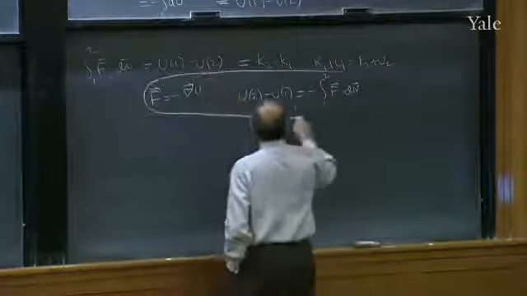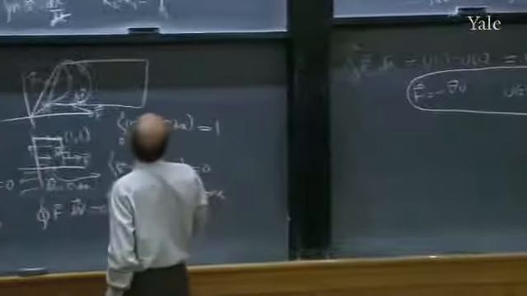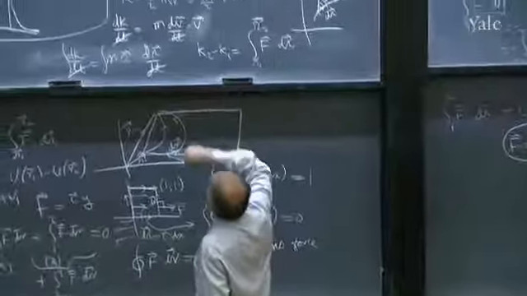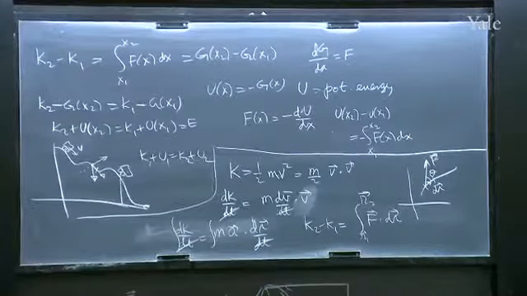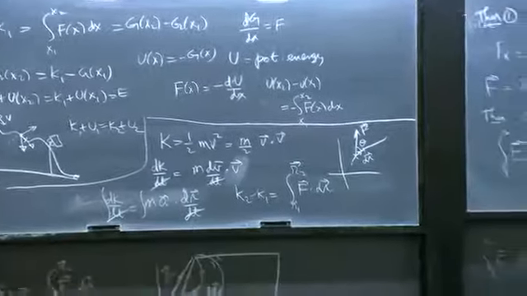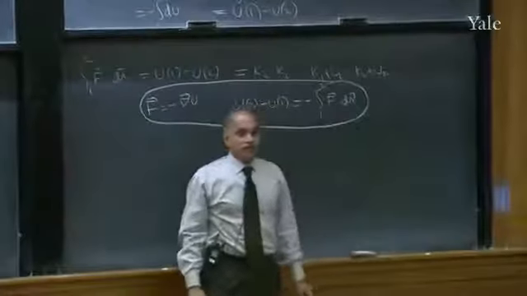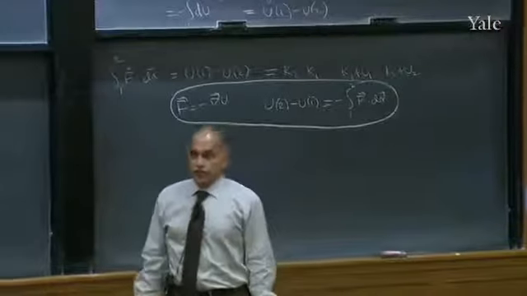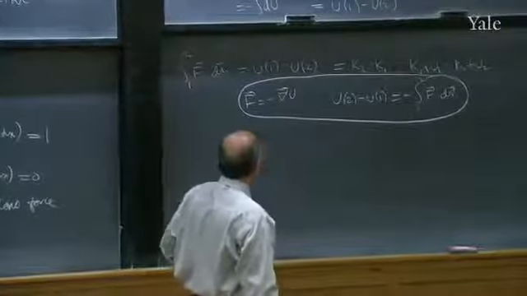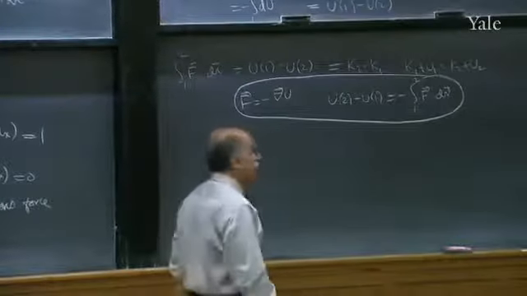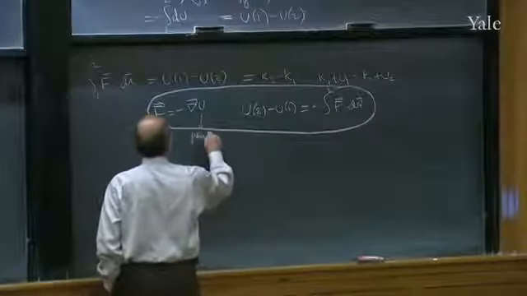This is the 2-dimensional generalization of something I wrote in 1 dimension somewhere way on the top, that f is equal to minus du dx, and u(x2) minus u(x1) is minus the integral of f. The only difference is the integral has become this f dot dr rather than fx dx. So you can get conservation of energy in higher dimensions for those forces that come from a potential. U is called the potential, I mean, u is called the potential energy.